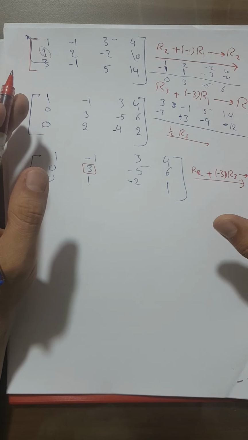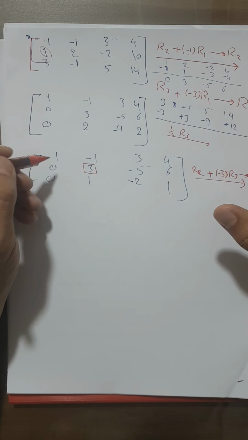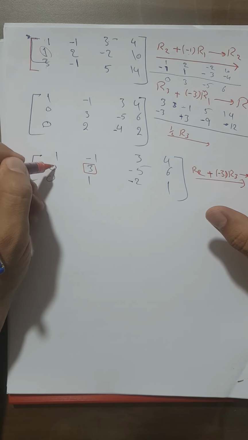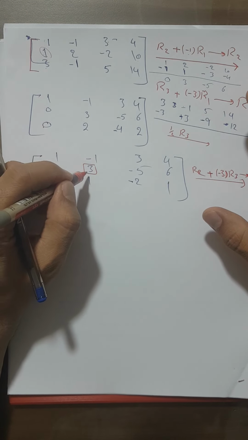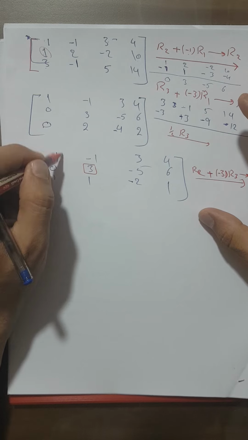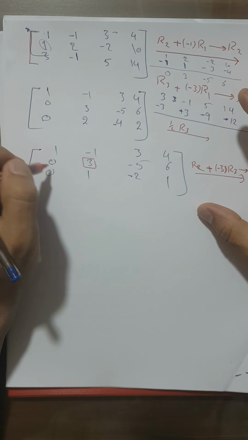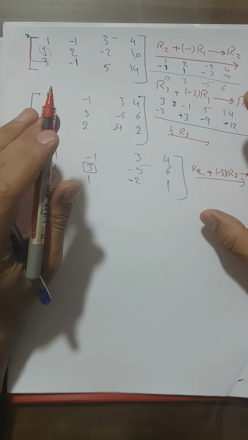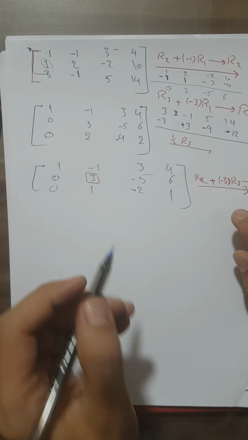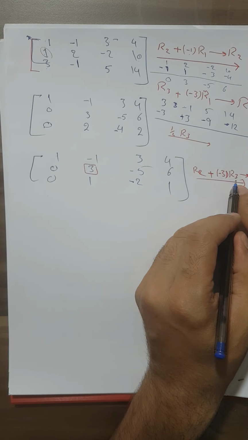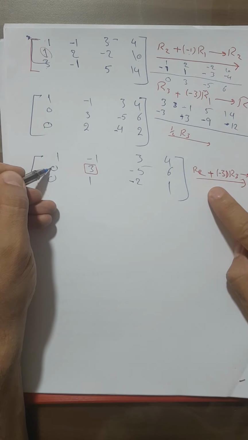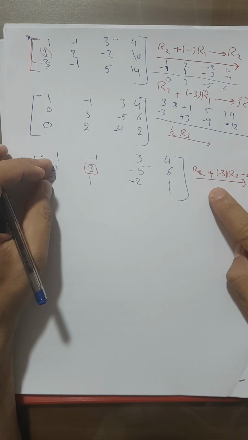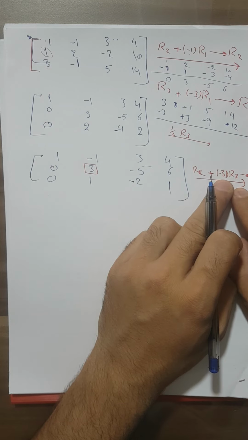You cannot control it later. You can't change it. If you change it, it means you made a mistake. That's why I didn't say R1. If I multiply R3 by minus 3 and add, this one will not change. That's why we use R3.